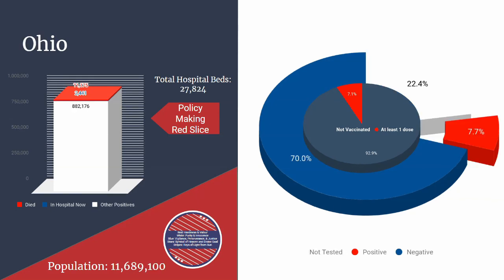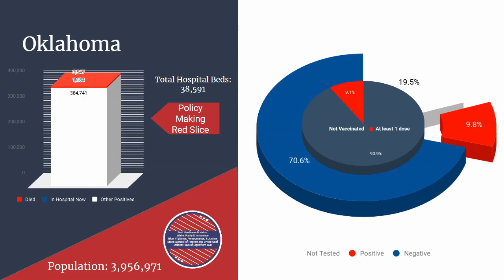Ohio vaccinated 7.1% of the population. They have 70% negative, 7.7% positive. 11,000 people died, 2,400 in the hospital, 27,000 hospital beds. Oklahoma vaccinated 9.1% with the negative test 70.6%, 9.8% positive test, 3,500 died, 1,100 hospitalized, and 38,000 hospital beds.